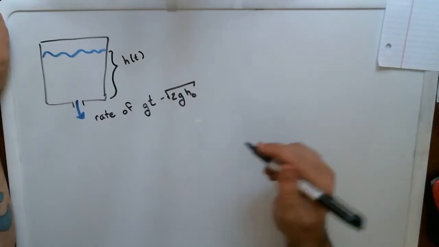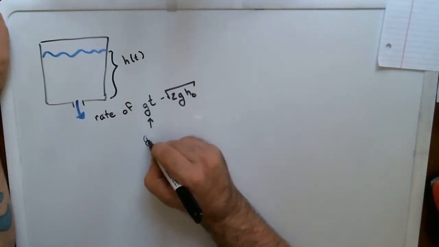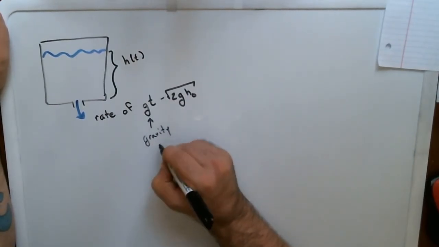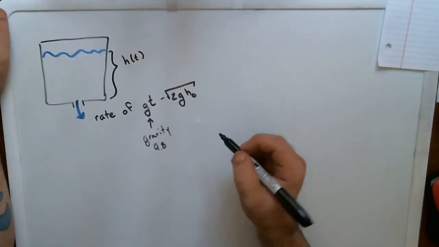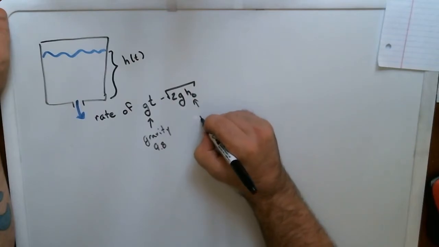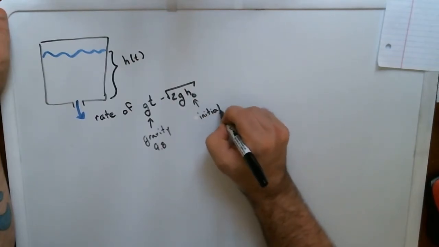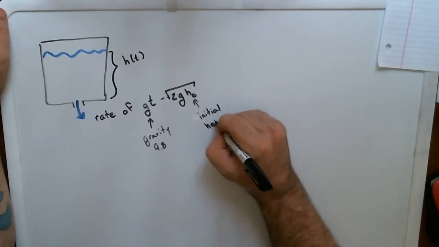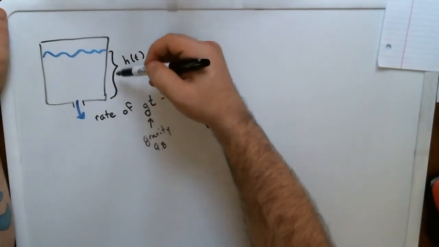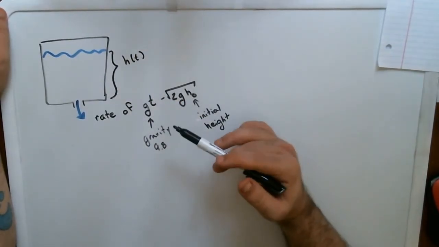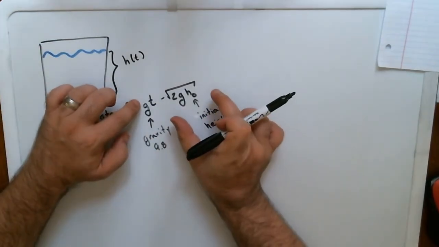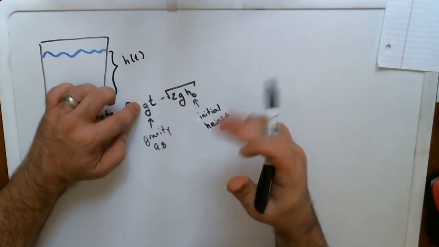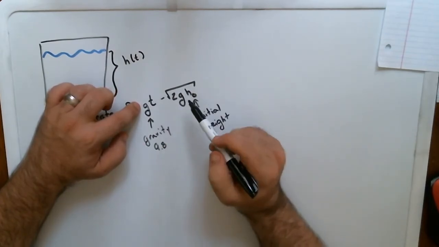Okay, so let's understand what these things are here. This is gravity, so we're just going to use like 9.8 meters per second squared. Okay, and then this guy right here is the initial height of the fluid. Okay, so we can see at time 0, this term vanishes, and we just have this pure term right here dragging water out at a particular rate.